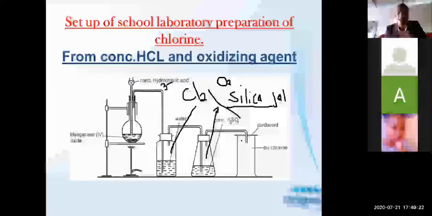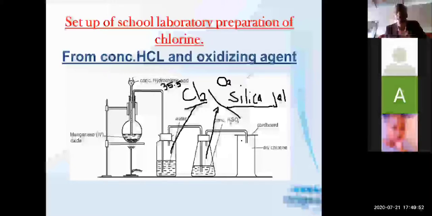Who can tell us? 35.5. And here now there are 2 atoms of chlorine. You multiply by 2. What will you get? 71.